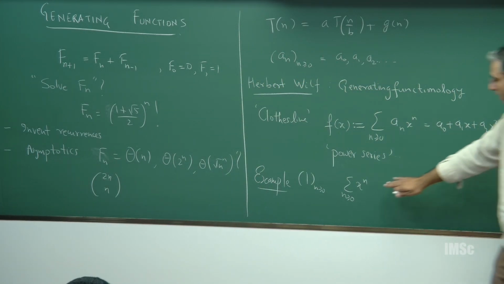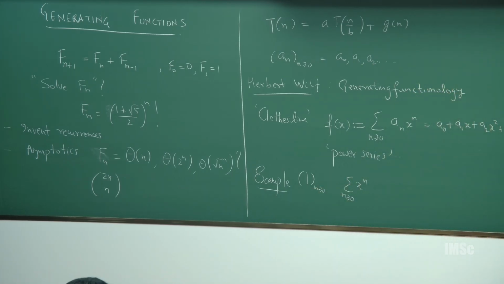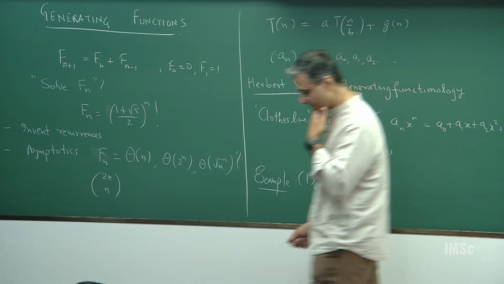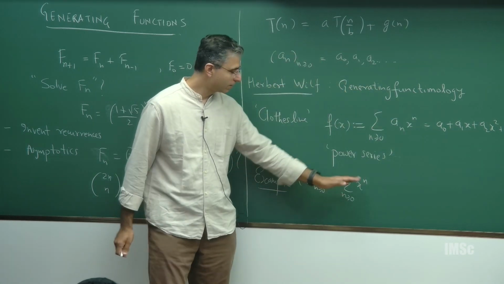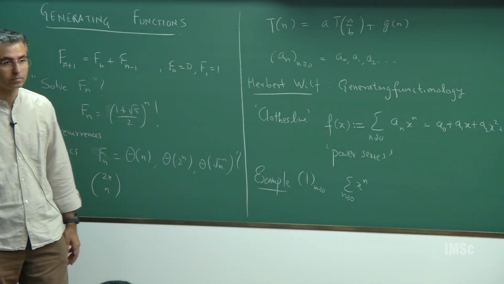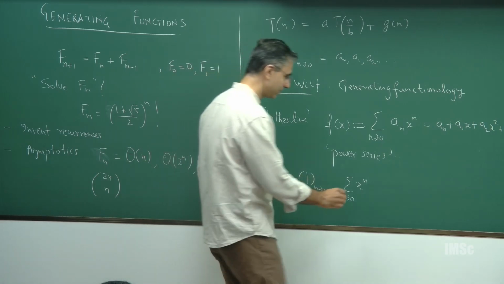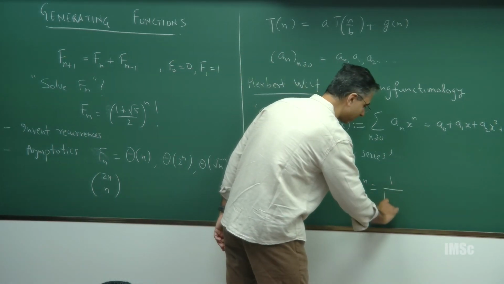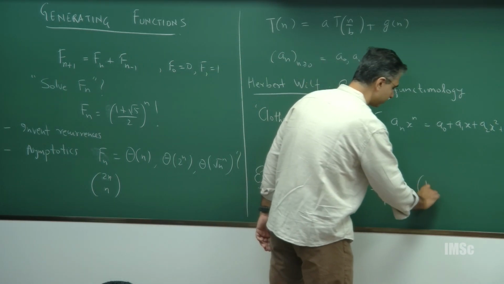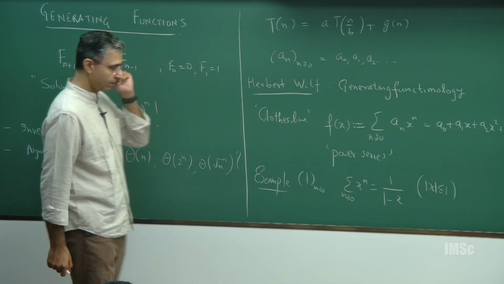This is the generating function that we will associate with this sequence. Is there a succinct way of writing this? We say this is equal to 1 by 1 minus x if mod of x is less than 1, that is what we usually say.